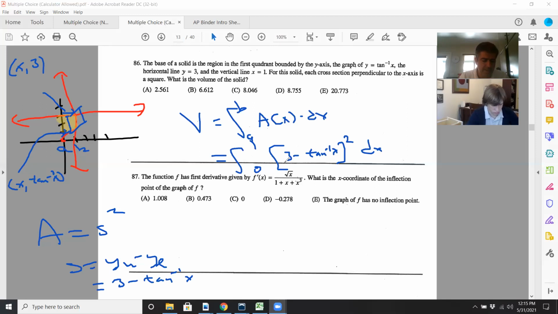Interesting. I'm trying all these different errors you can make, maybe discover an error that I did not think was possible. Forgot the negative tangent. There we go. Got it.